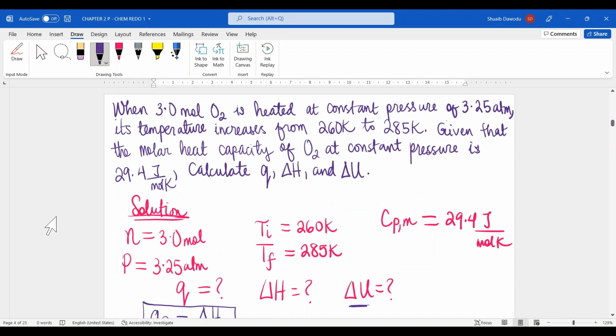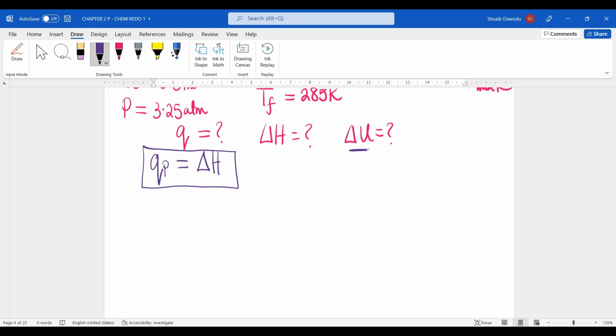To do this, we write the formula Q sub P, the heat at constant pressure, which is the number of moles times the molar heat capacity at constant pressure times the change in temperature.